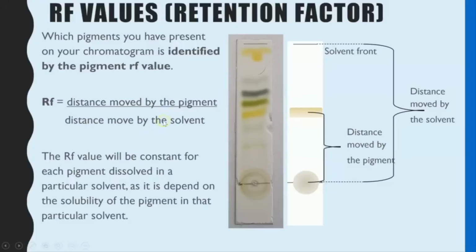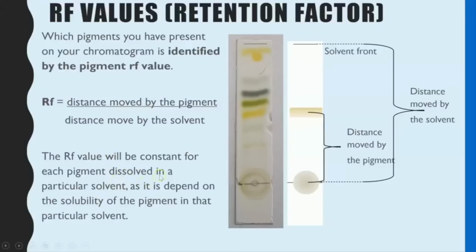You also need to measure the distance moved by the solvent. So we measure starting from our origin line up to what we call the solvent front, which is the pencil line you drew on to indicate where the solvent finished. Now the reason we use RF values instead of just looking at the colours is the RF value for each pigment will be constant, assuming you're using the same solvent.